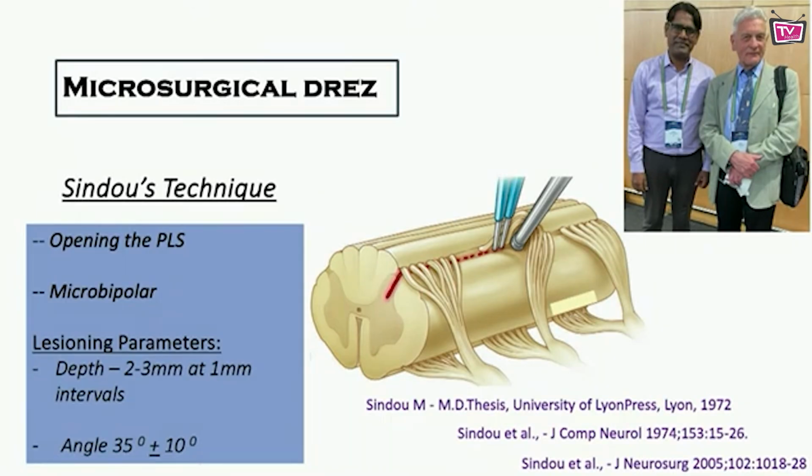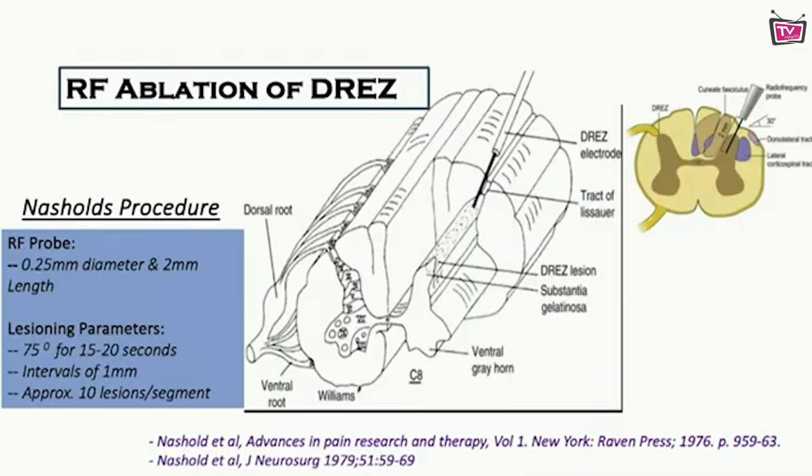The entry angle is around 40-45 degrees, so that you go in between the fascicles: the dorsal fasciculus, with the gracile and cuneatus, and laterally the spinothalamic tract. You have to enter in between them. If there is a change in orientation, you might damage the dorsal columns or the spinothalamic tract, leading to complications.